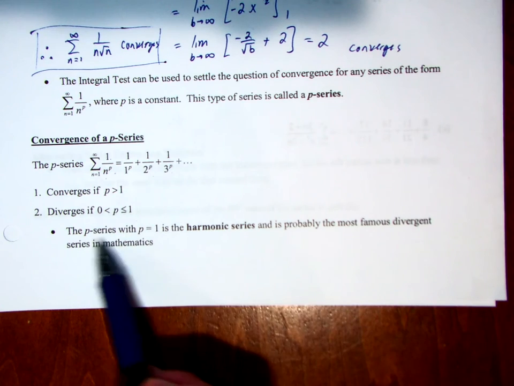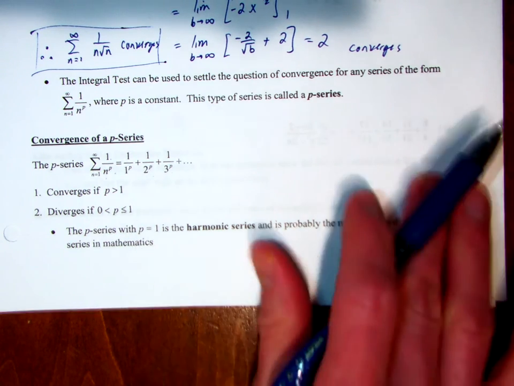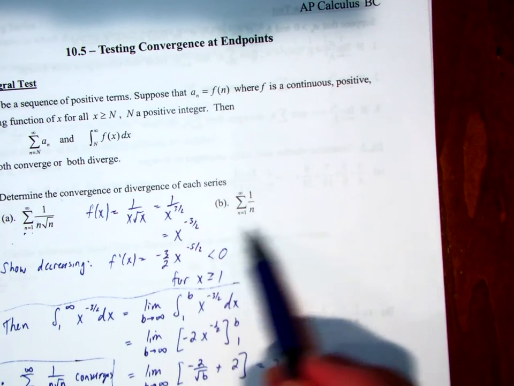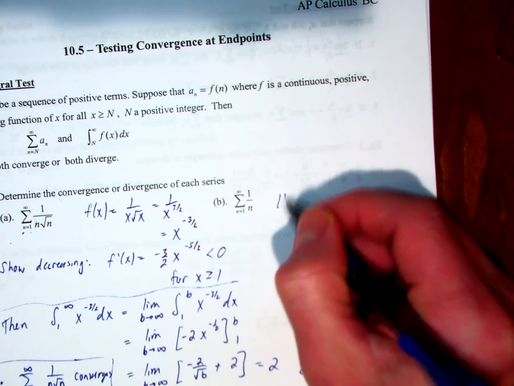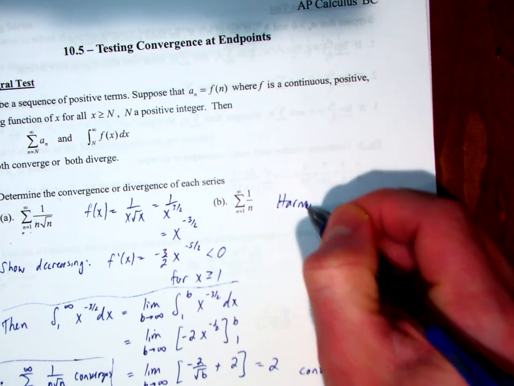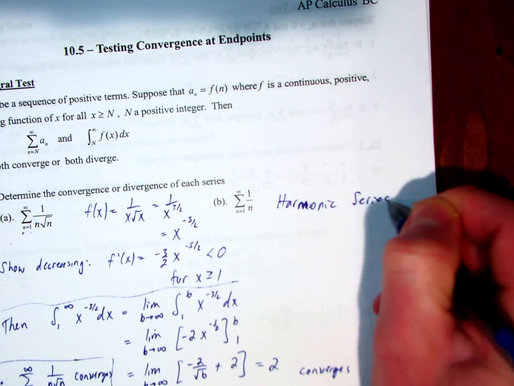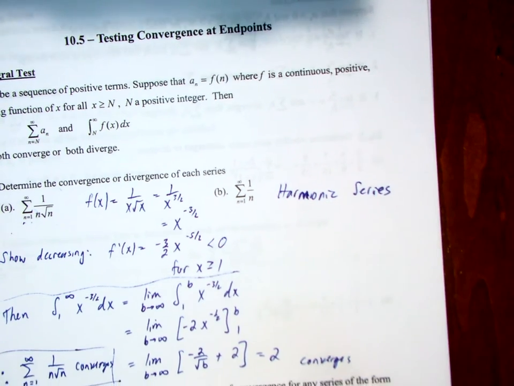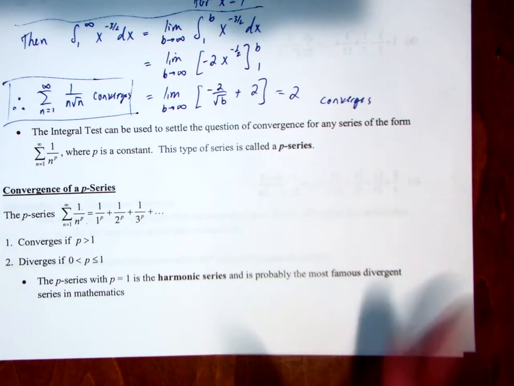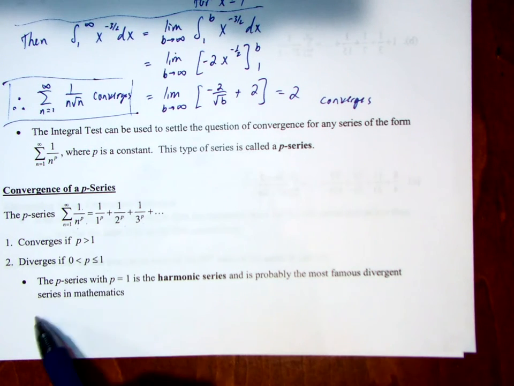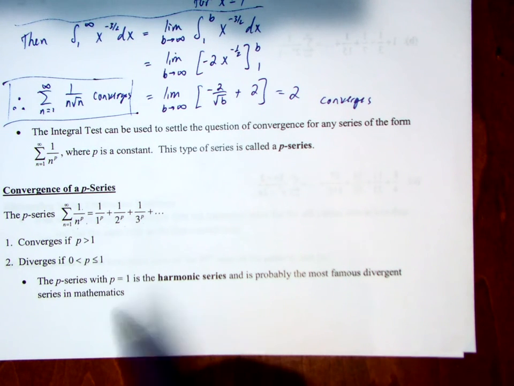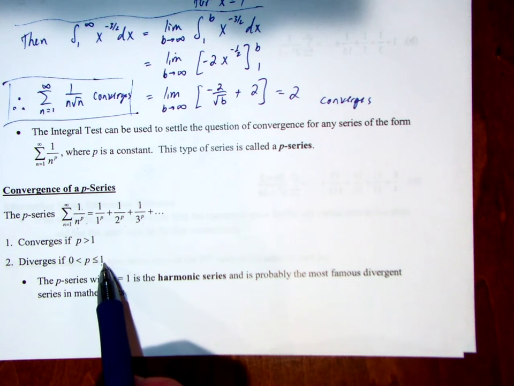Now, the series with p equals 1, which is this series right here, the sum of 1 over n, that's called the harmonic series. It's used so often it's given a special name, the harmonic series. It's the most famous divergent series in mathematics. So this diverges because 1 over n is just p equals 1. But notice, it's the bound of divergence.